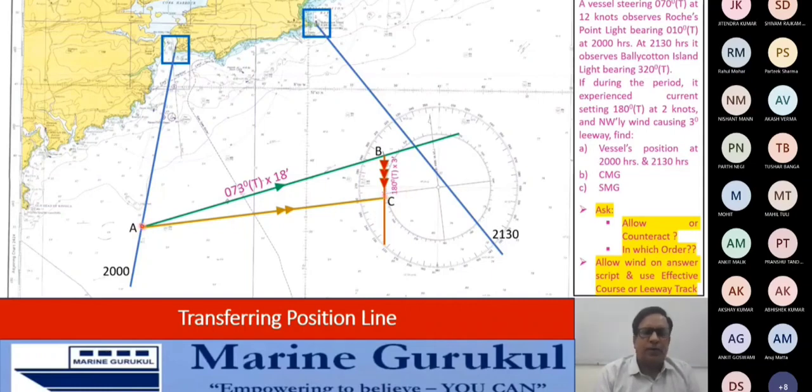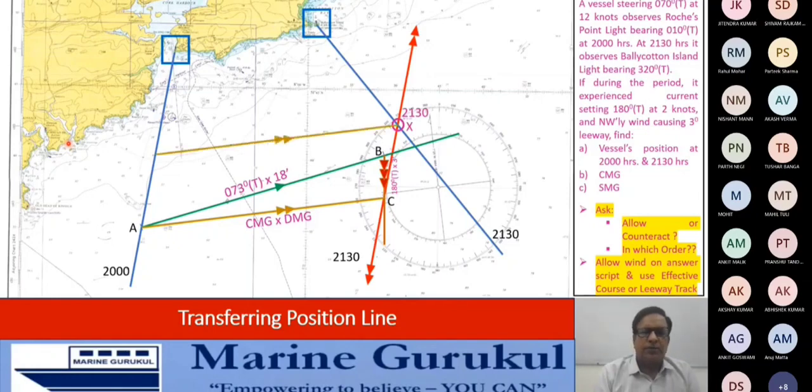Why? Because if the vessel was at point A, steering 070 degrees true at 12 knots, experiencing wind and current as given in the question, then she would have done this effective course, and this current would have brought her to C. So point A gets transferred to C. So now we transfer the first PL through point C, mark with 2 arrows, indicate the time, and we get the position at 2130.